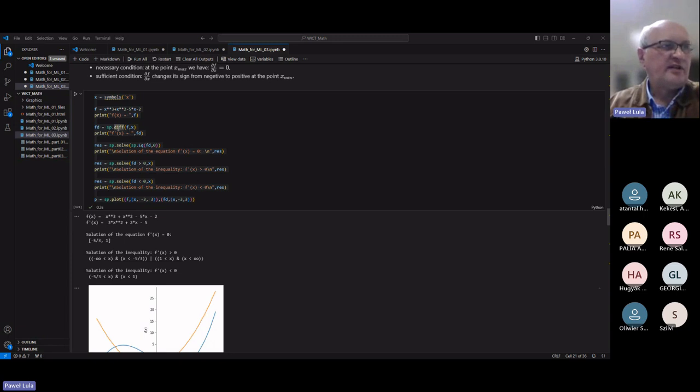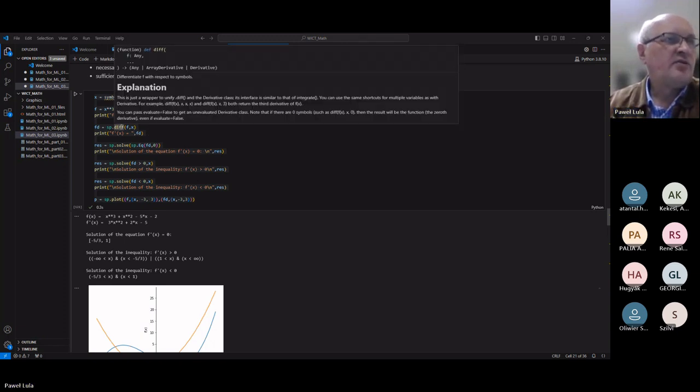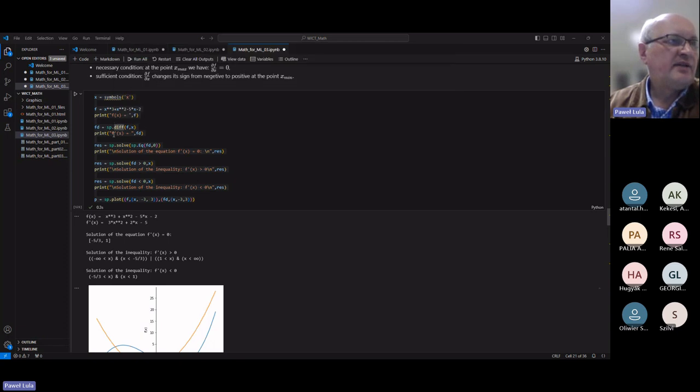It is here. The diff function I use for defining this function, and the formula which has the first derivative is displayed here.